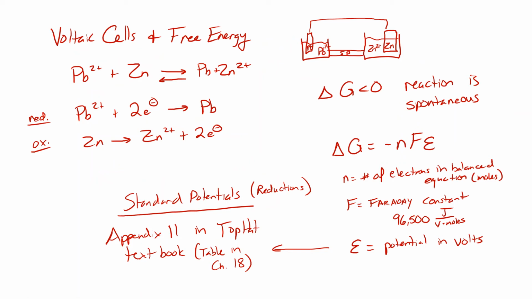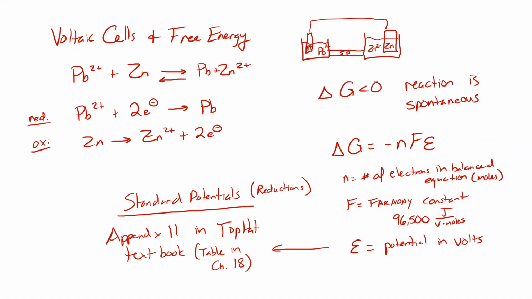Now we don't really care what delta G is, which is kind of weird because we just spent all this time talking about how to calculate delta G. All we need to know is that delta G is negative. And because delta G has to be negative, that tells us which one has to be our cathode and which one has to be our anode.